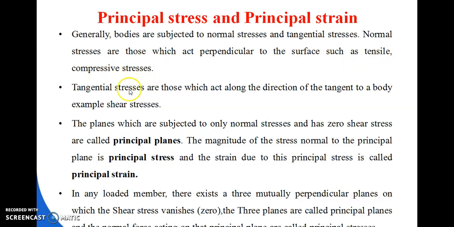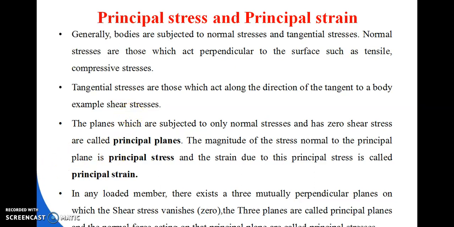Okay. Now come to the tangential stress. The tangential stresses are those which act along the direction of the tangent to a body. Example, shear stress. So in a simple way, you have to remember, in case of tangential stress, we consider the shear stresses developed in a body due to the external loading system.